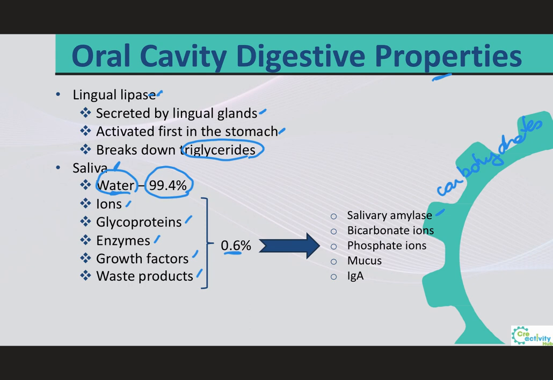Now, bicarbonate and phosphate ions will function as chemical buffers, maintaining the pH of the saliva between 6.35 and 6.85. In addition, there's going to be the salivary mucus that will help to lubricate food, and this is important because it will facilitate the movement in the mouth. It will also facilitate the bolus formation and also help with swallowing.